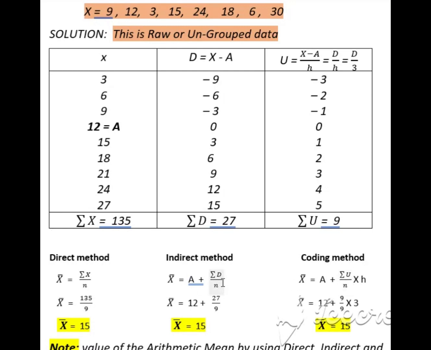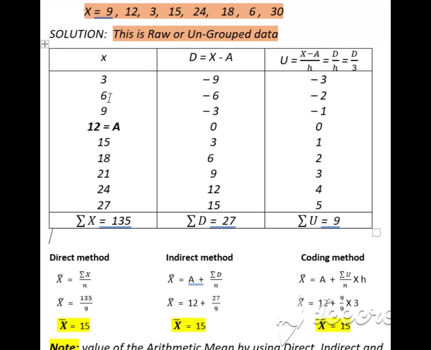Now indirect method we did. Now for calculation of coding method, the formula is A plus sigma U divided by N times H. So what is U? U is the difference of X minus A divided by H. X minus A we already did here, which is called D. So you can write D divided by H. What is H?